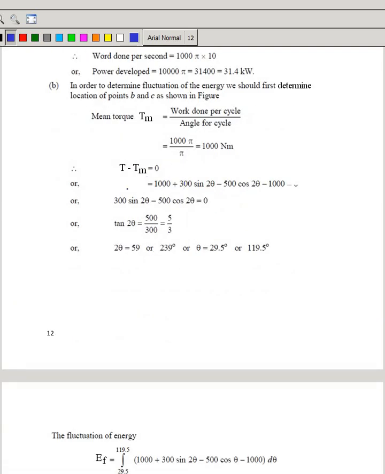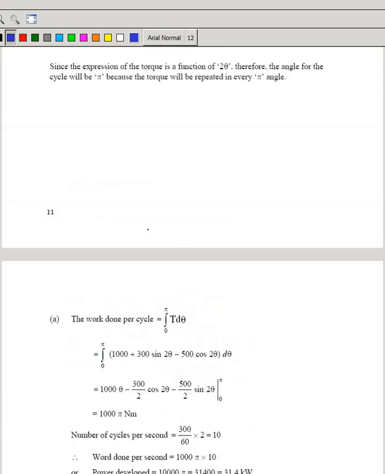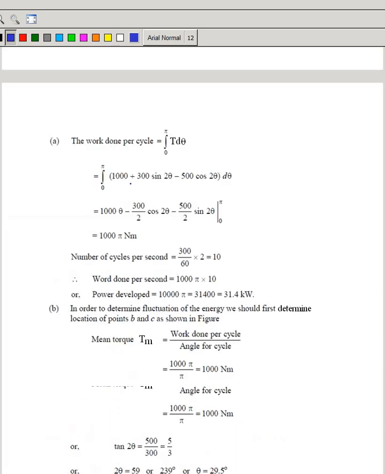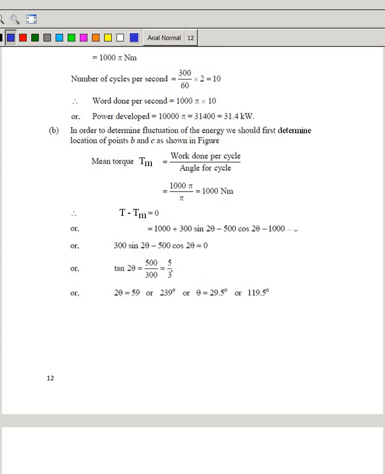T minus Tm equal to 0 is actually the point of intersection of the mean torque line and the actual T theta curve. So this is T minus Tm, and this has to be equal to 0. Tan theta is 5 by 3. So you get two values of 2 theta 180 degrees apart, and these are the values of theta.